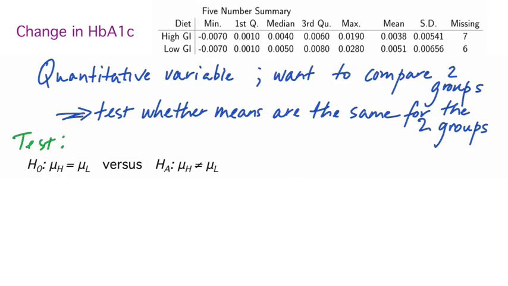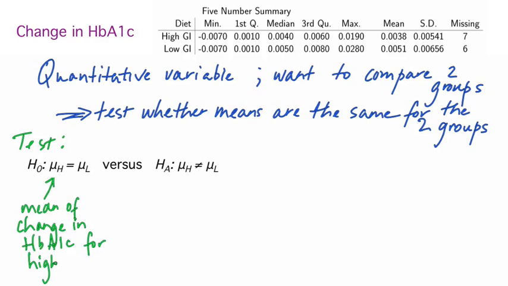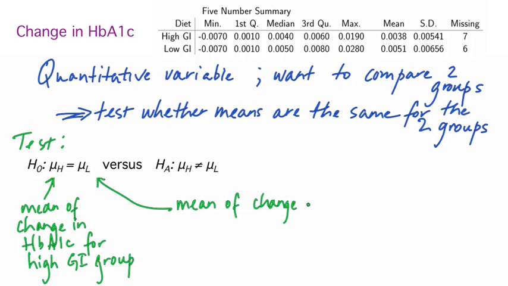Our alternative is a not equal to, or two-sided alternative, because we have no reason to test whether one group is higher or lower than the other diet group. And just to define our notation, mu sub H will stand for the mean of the change in HbA1c for the high GI group, and mu with the subscript L will be the mean change in HbA1c for the low GI group.